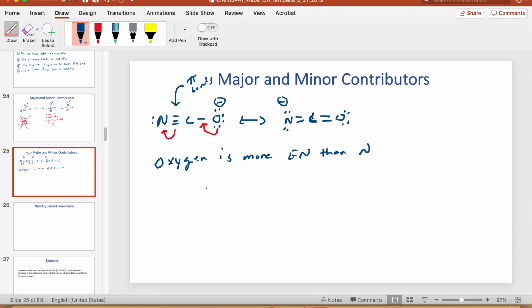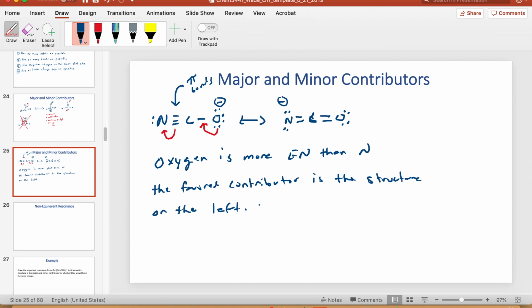So this means that the favored contributor is the structure on the left, and that's because oxygen has the negative charge.